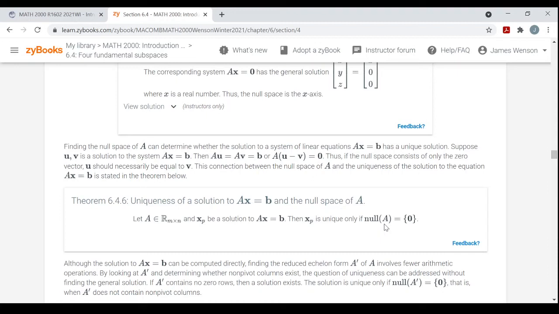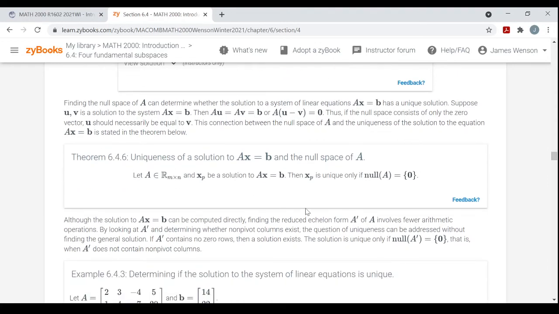If the null space of the matrix is only the zero vector, then if a system has a solution, it's going to have just that one solution. And you can read all this.